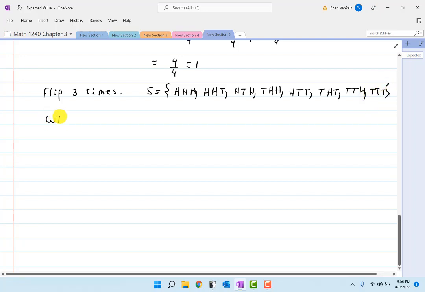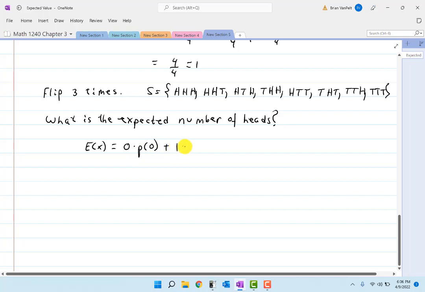So what is the expected number of heads? We'll do as we did before: 0 heads times the probability of 0 heads, 1 head times the probability of 1 head, 2 heads times the probability of 2 heads, 3 heads times the probability of 3 heads.